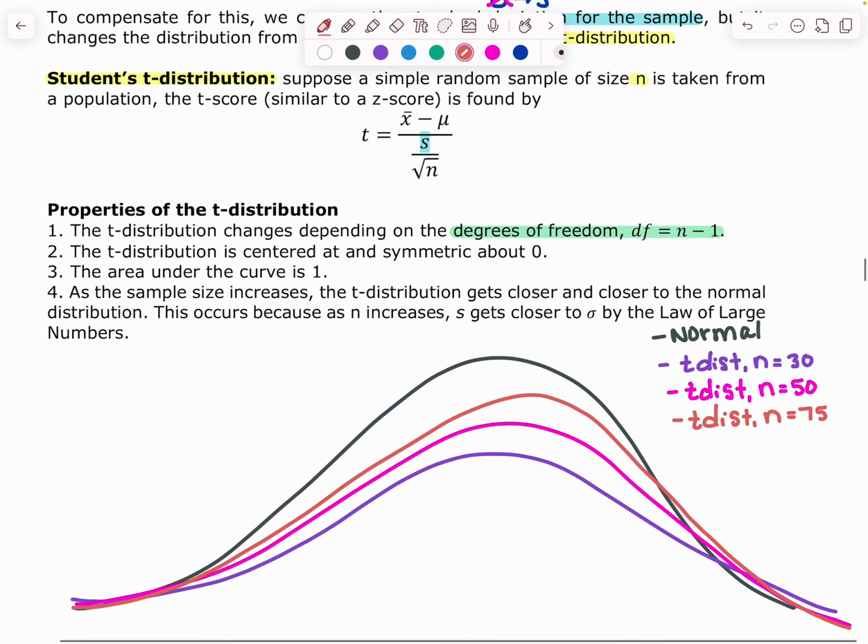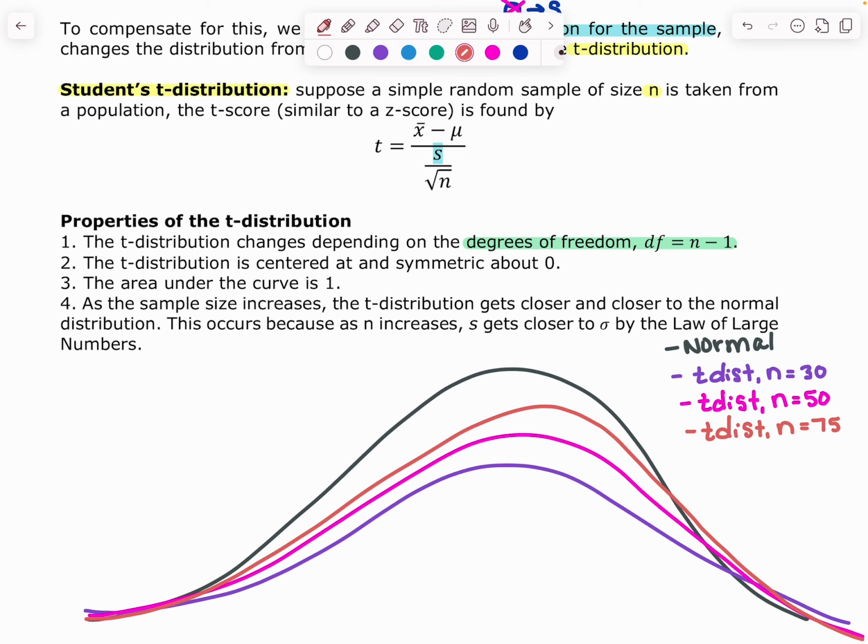So again, this happened because we don't know sigma, the population standard deviation. So we replace sigma with S, the sample standard deviation, and it causes us to change the sampling distribution that we're looking at slightly.